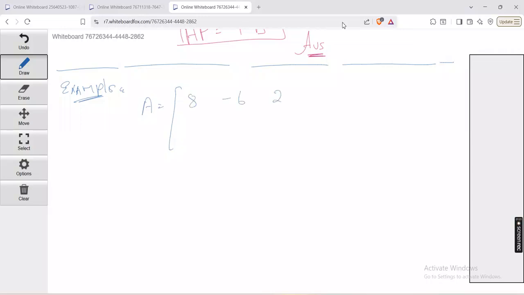And this is bonus marks in your exam. Find eigenvalues, eigenvectors, and diagonalization. So for all of them you have to solve.